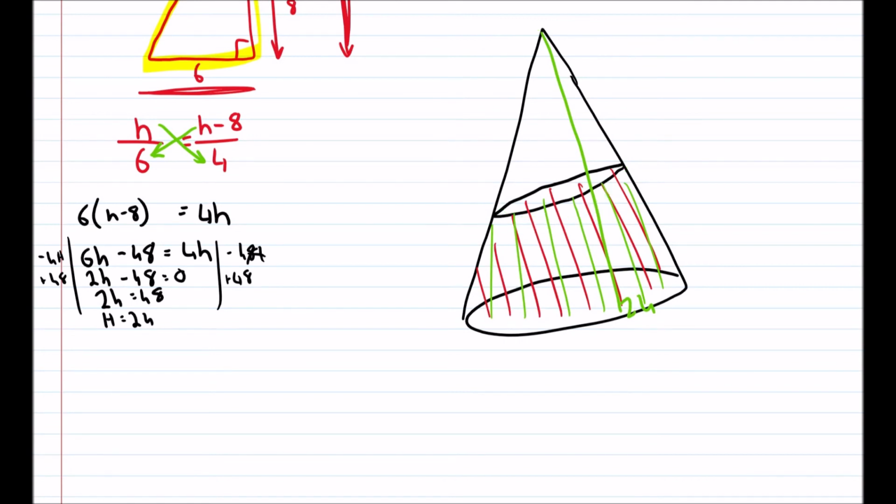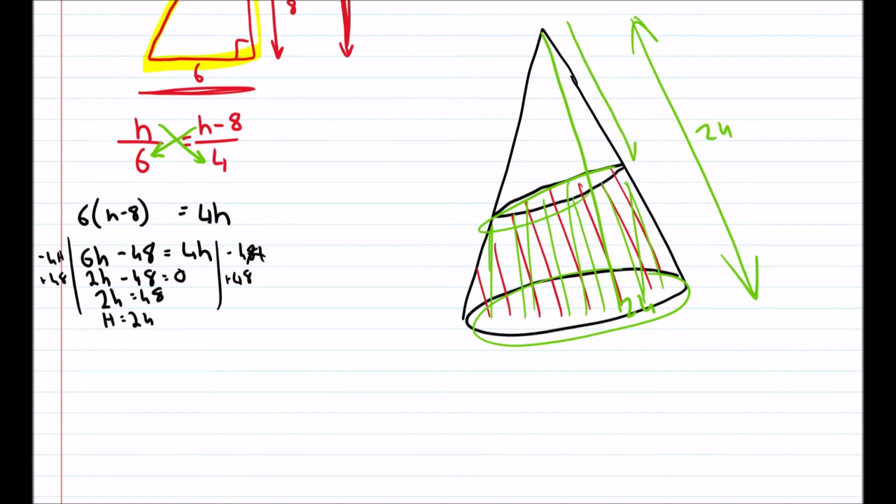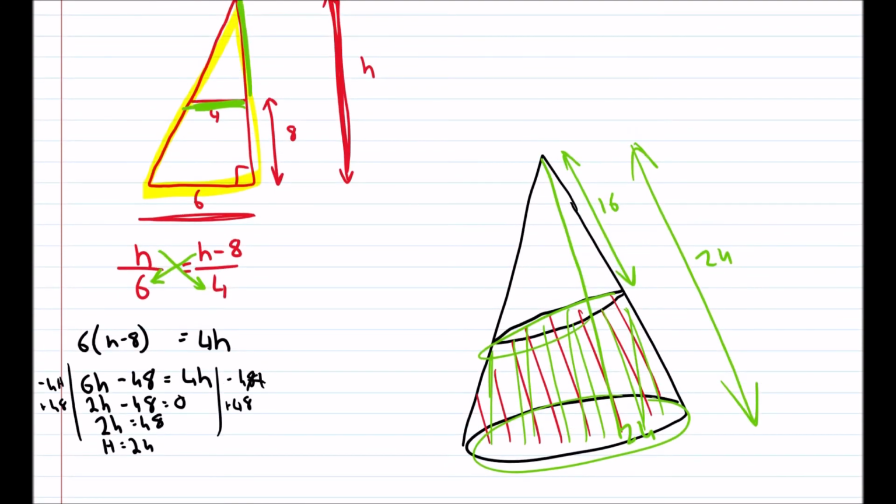Okay, so the volume of the cone, I said area, I meant the volume, so start that again. If I get the volume of the whole cone, then get the volume of the small cone on top, take one away from the other, I'll be left with the volume of this frustum.